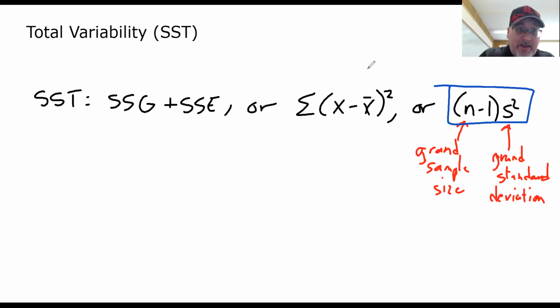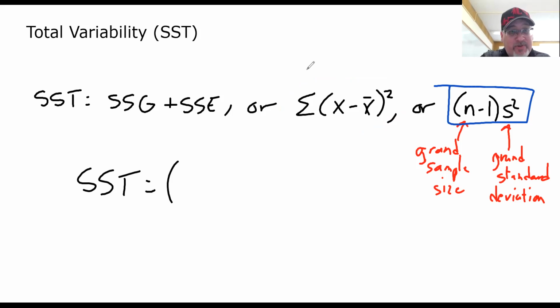So we could calculate the total variance really easily by taking the grand sample size, which was 270 total observations, minus 1, times the square of the grand standard deviation, which was 25.89.